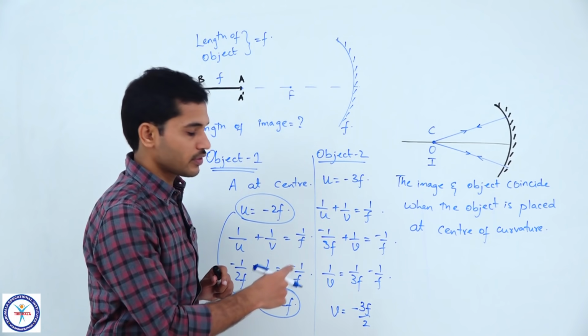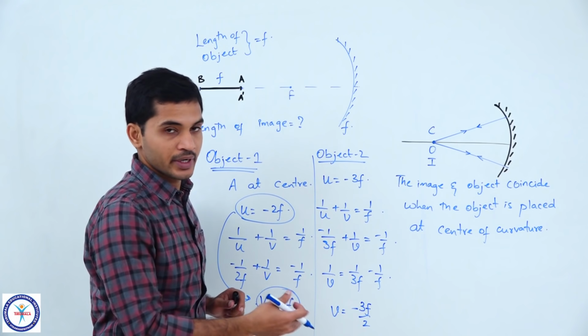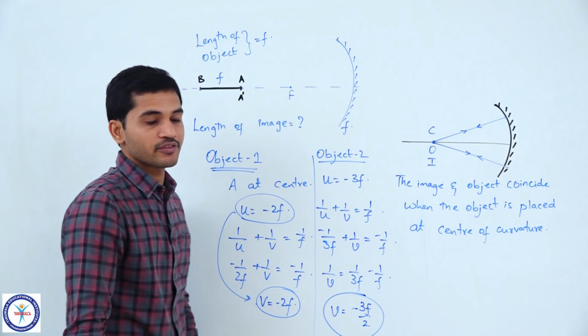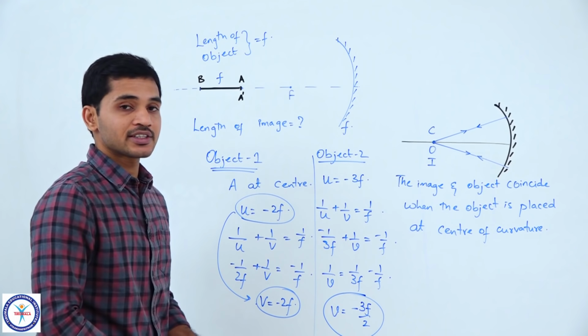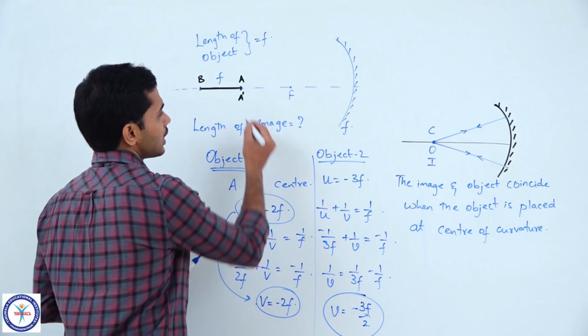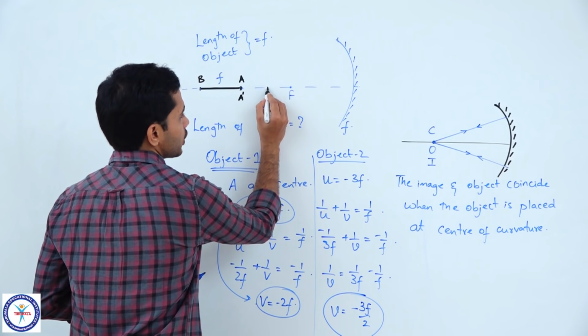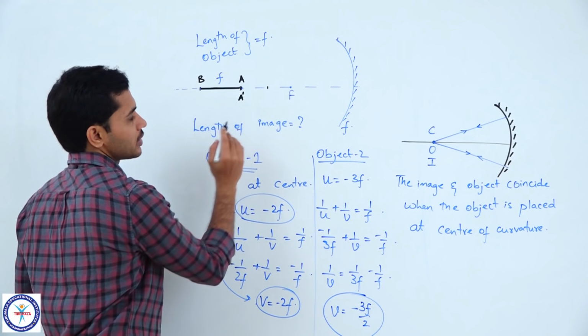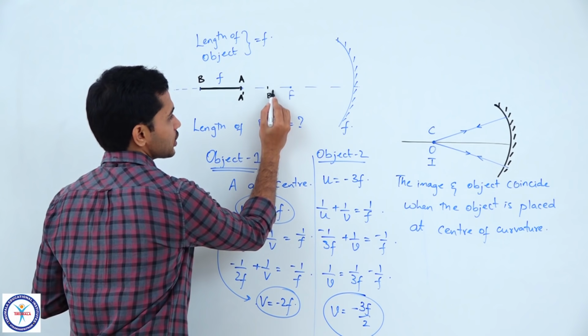That is 3f into f by 3f minus f. So, the expression you are going to get is minus 3f by 2. And where does minus 3f by 2 lie? It is exactly between the center and focus, which is this point. So, the image of B is formed at this position. This is B dash.